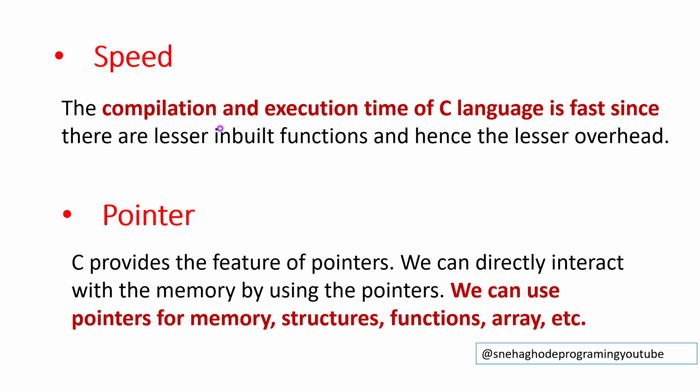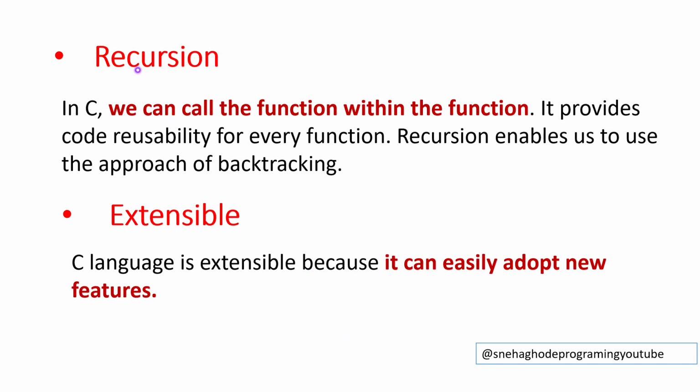We can directly interact with the memory by using pointers. If you know the address of a particular piece of data, you can directly access that data. So pointer is a very strong point here, that we can use pointers for memory structures, functions, arrays, etc.